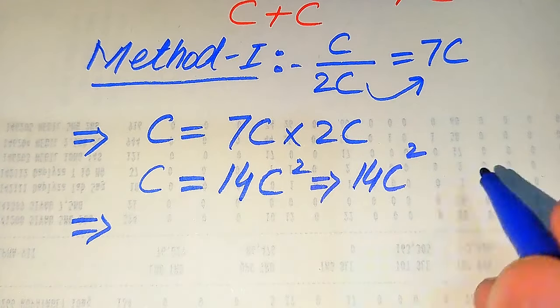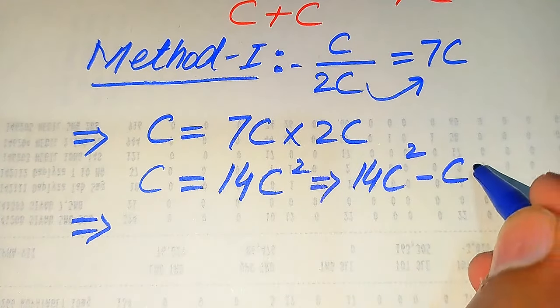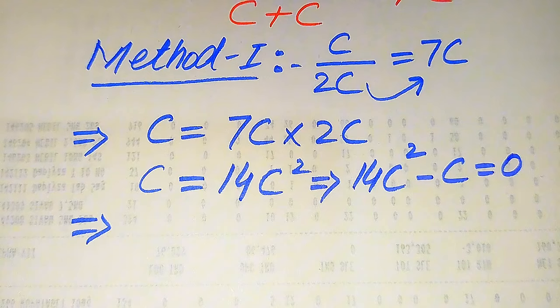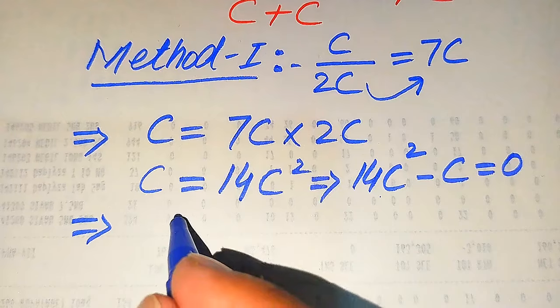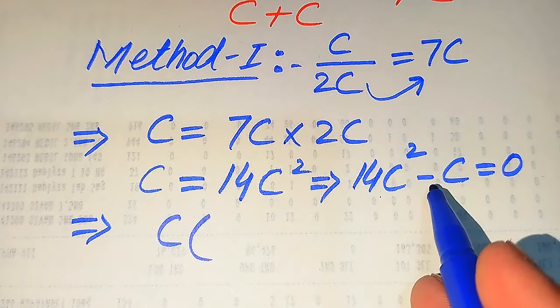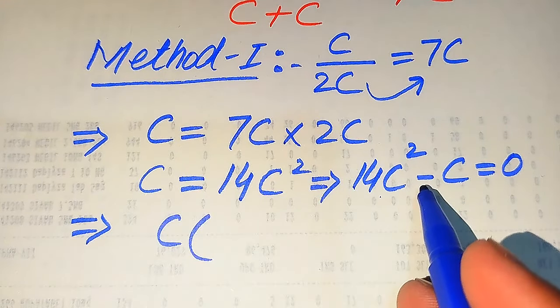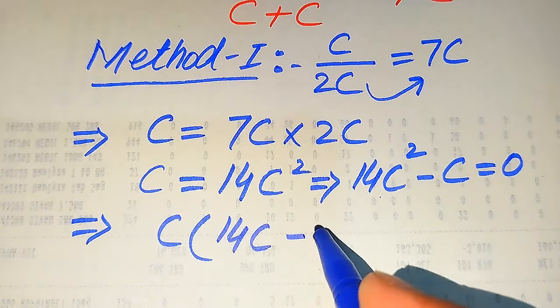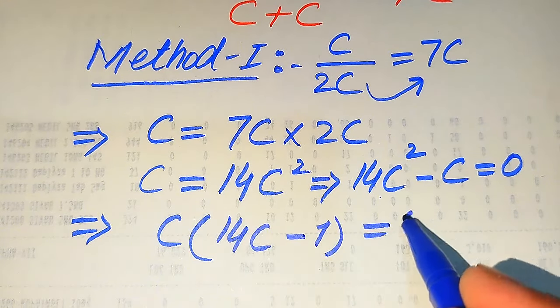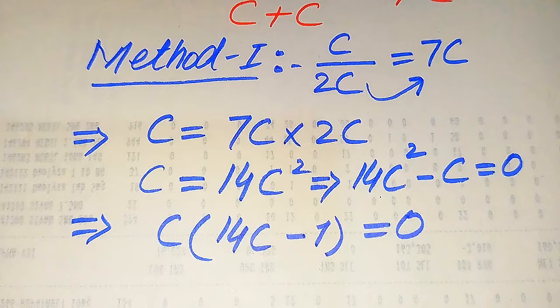When we move this to the right hand side, it becomes negative c, and this whole equation is equal to 0. Now you see here both of these terms involve c, so it means that we need to take c common from here, and when we take c common, the remaining values are 14 times c minus 1 is equal to 0.